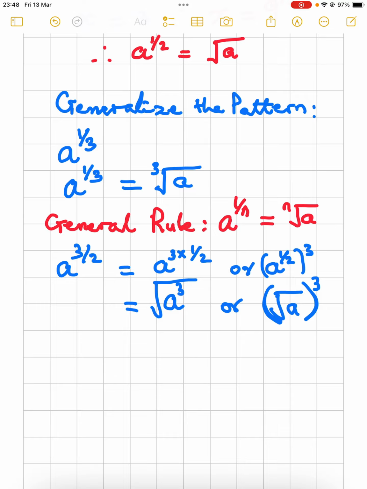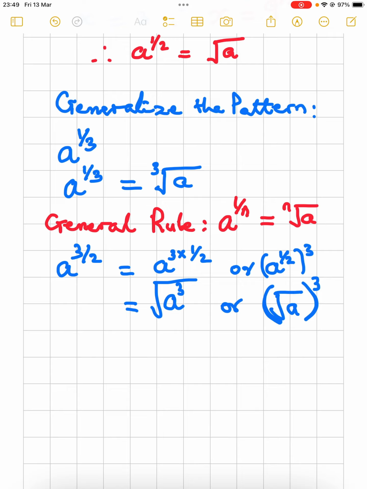Take note, the denominator tells you what the root is going to be, and the numerator tells you what the power will be. Like in this example, the denominator 2 tells us what the root is going to be, while the numerator 3 tells us what the power will be.